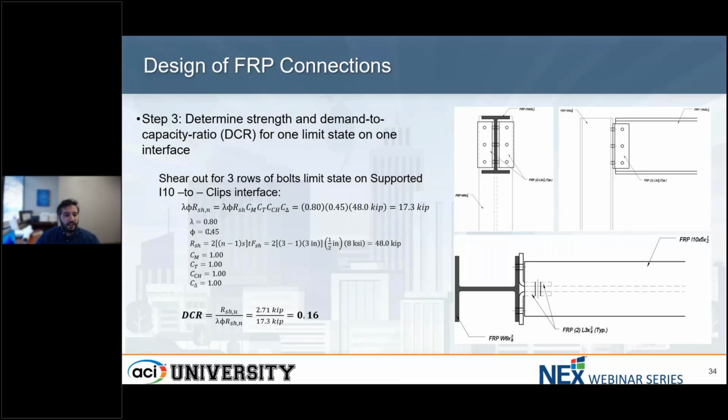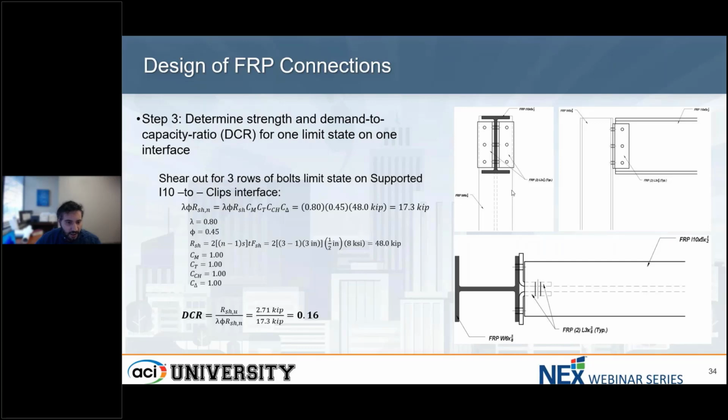Now, once you have set up your equations, it becomes fairly straightforward to repeat the same process for multiple interfaces. Of course, it's not something that you might want, or necessarily enjoy, to handle by hand, so you typically try to develop a spreadsheet to support your design.